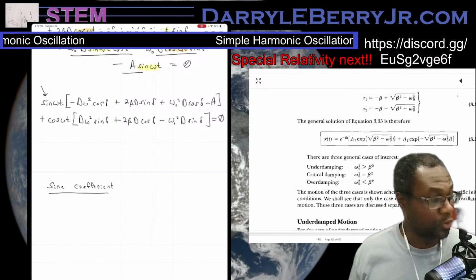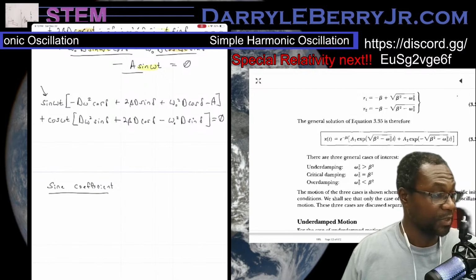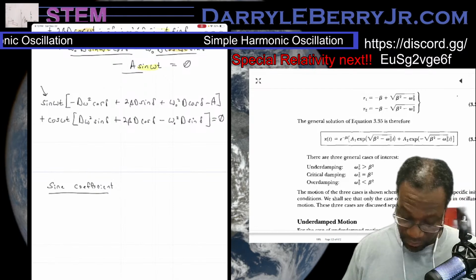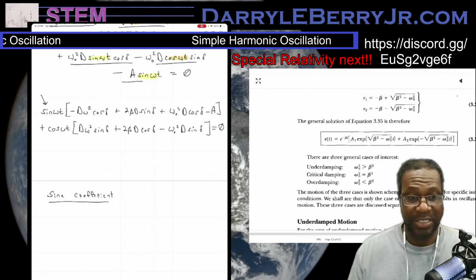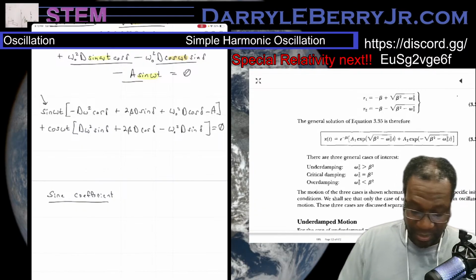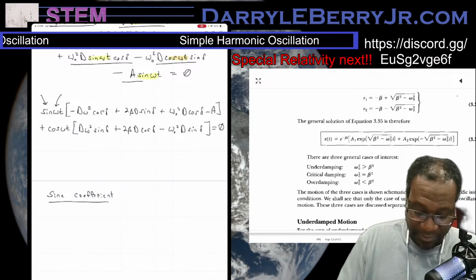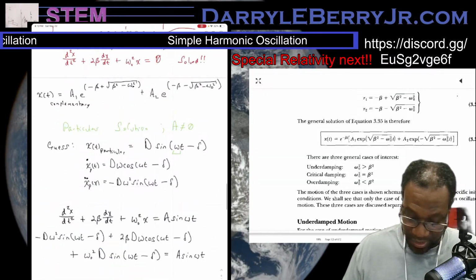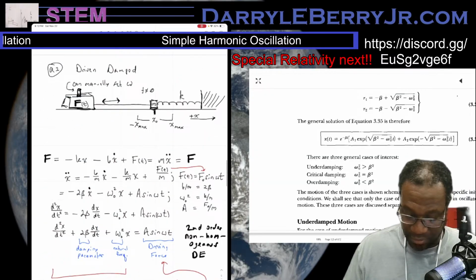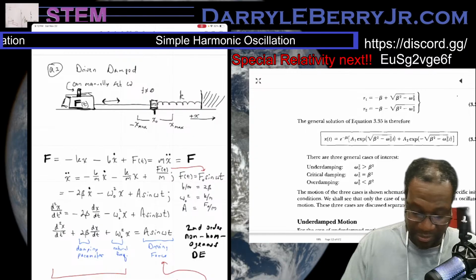So this is our sine term right there. In other words, what I'm saying is this sine is never going to equal zero, because this sine is being driven by a mechanical driving force. So as long as this machine is there and we have it turned on, it's never going to run out.